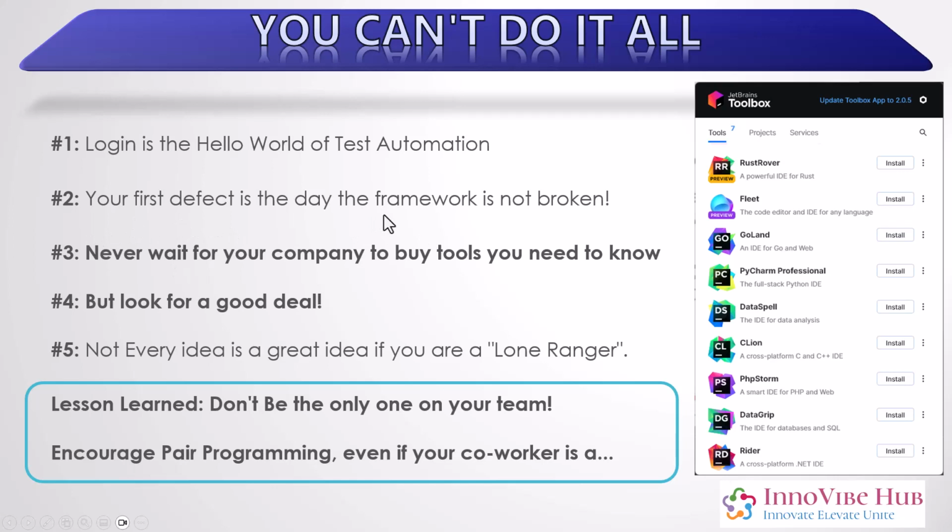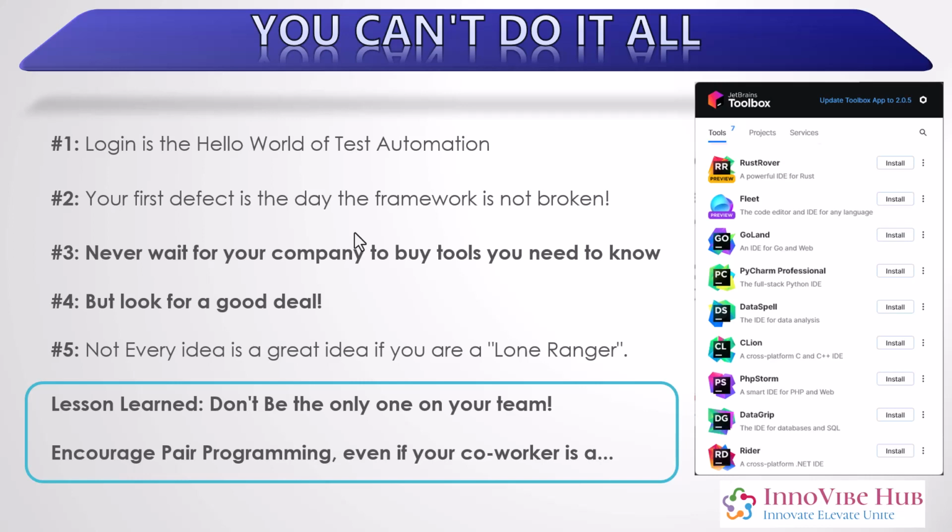If you're building a framework from day one, there's going to be a day that you find your first defect. But that day comes about 3 months into your project. I've had it happen to me many times where I've just pulled my hair out going, why can't I figure out what this bug is? What is wrong with my framework? And I realized for an hour and a half, the framework's been telling me, I found something that's not working correctly, and I've been trying to tell you this, and you've been trying to fix the framework.